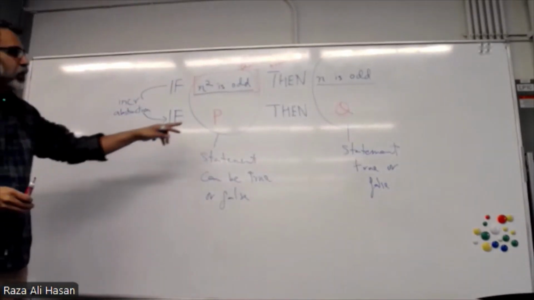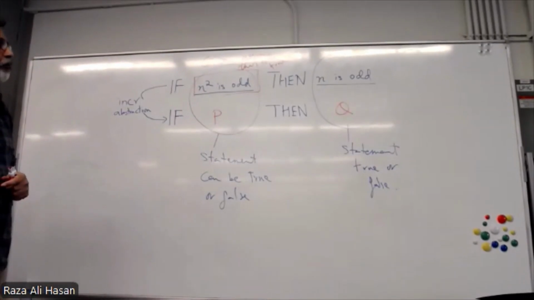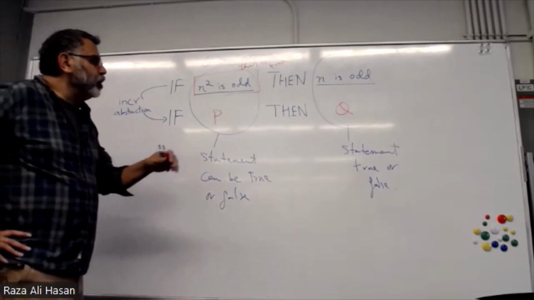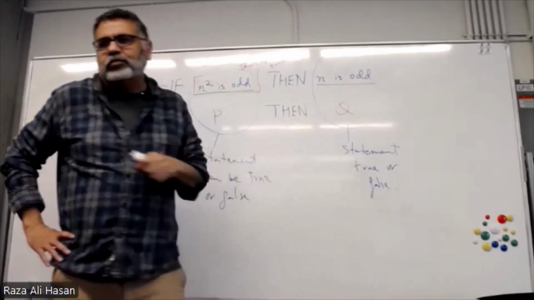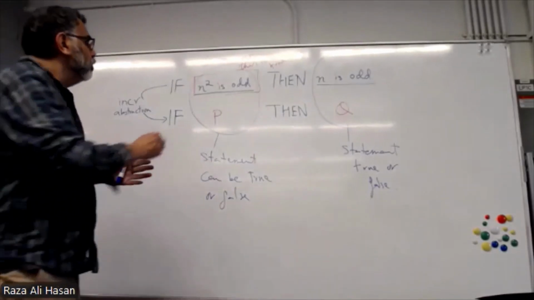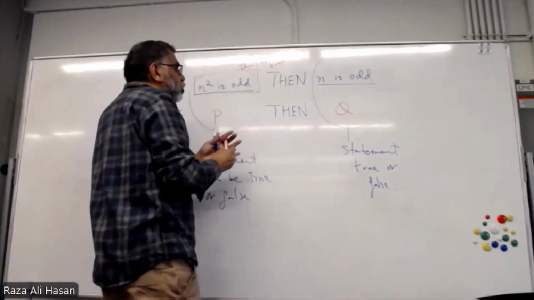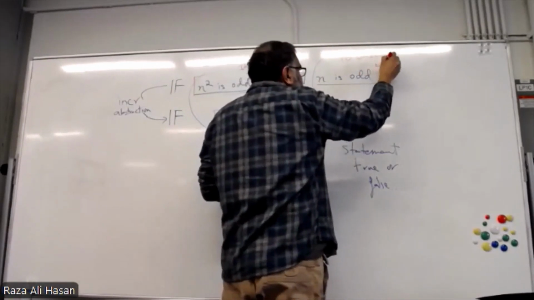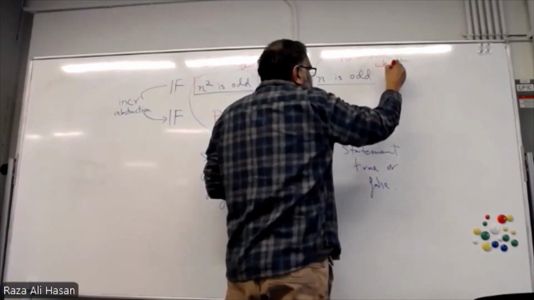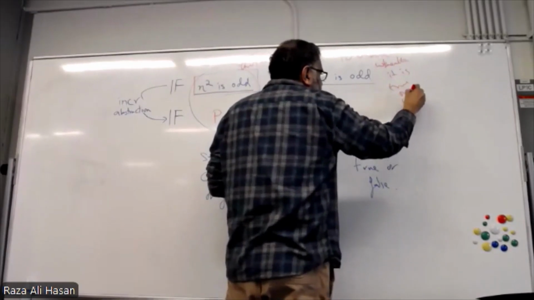We assume the P to be true. And if we assume that, then we have to see whether this is also true or not. So this is given, we assume this to be true, and this we have to check whether it is true or false.